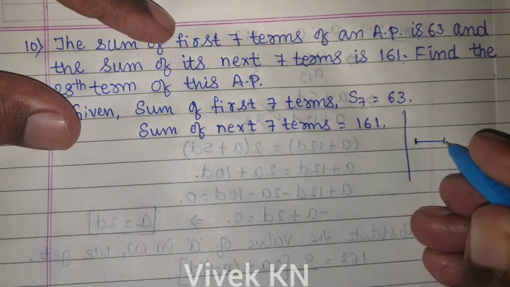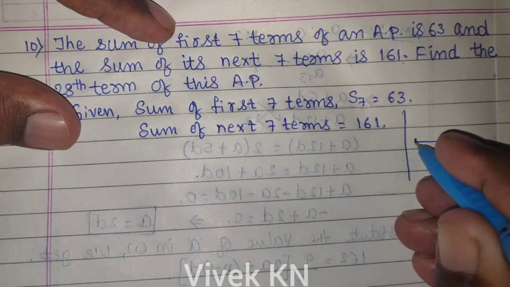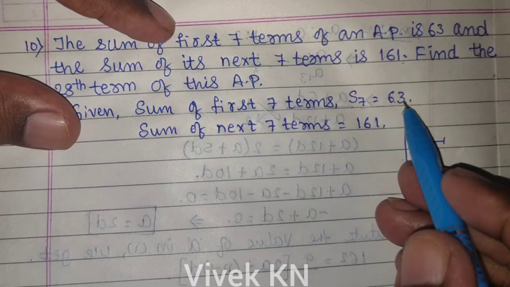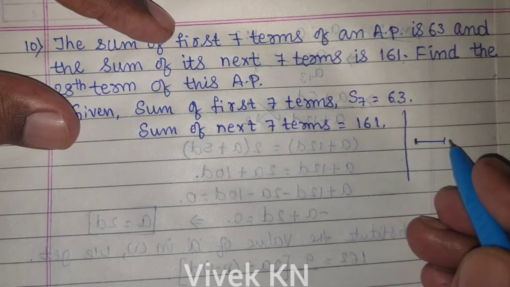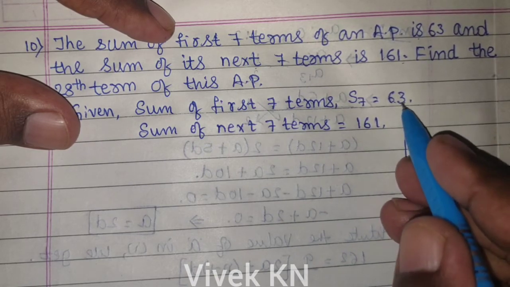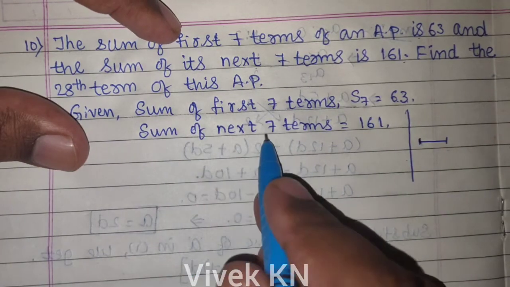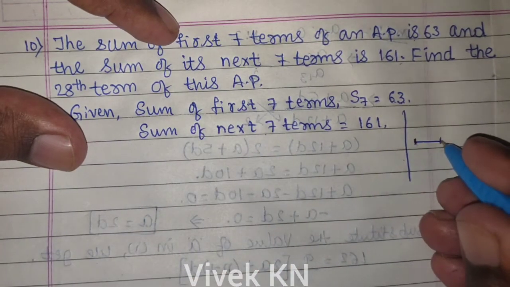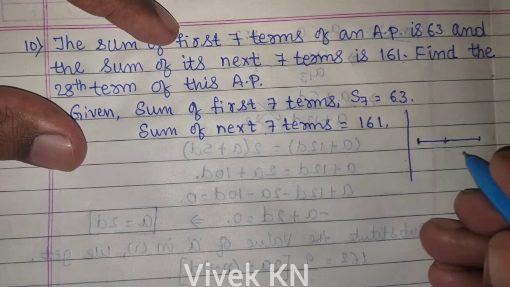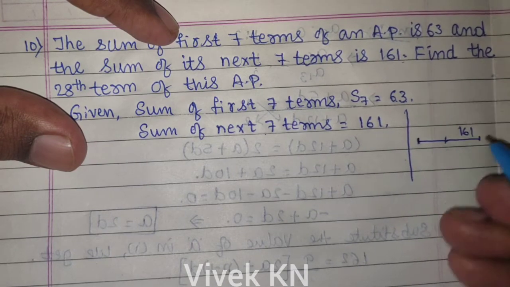Here, the sum of the first 7 terms value is 63 and the sum of the next 7 terms value is 161.